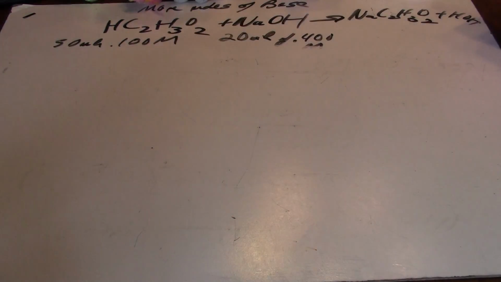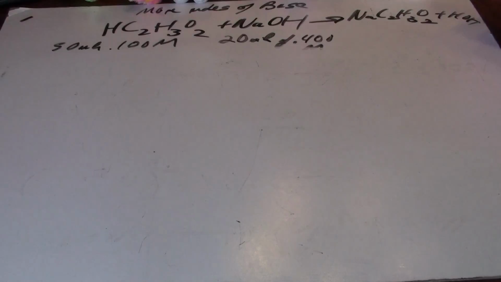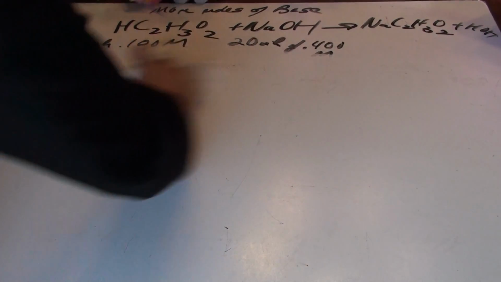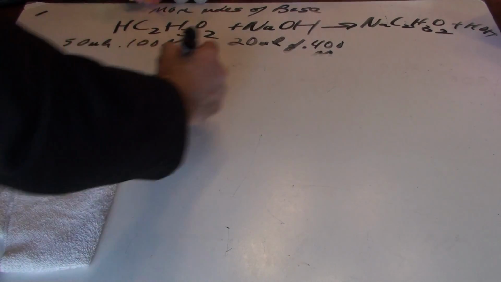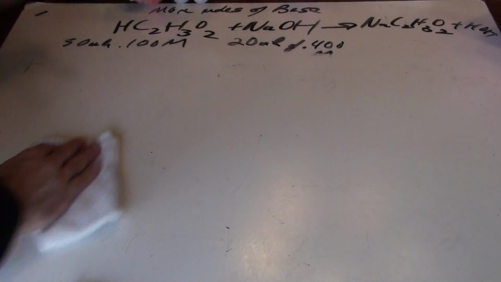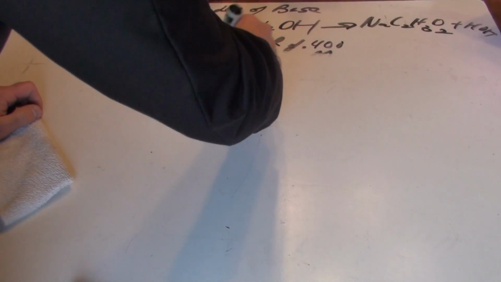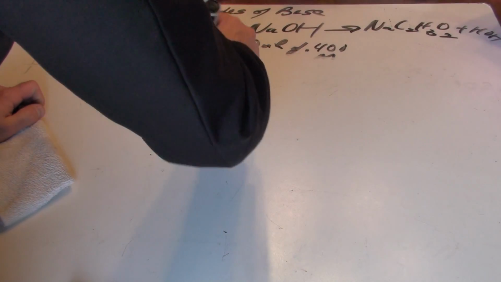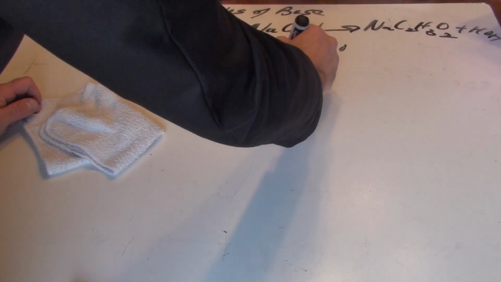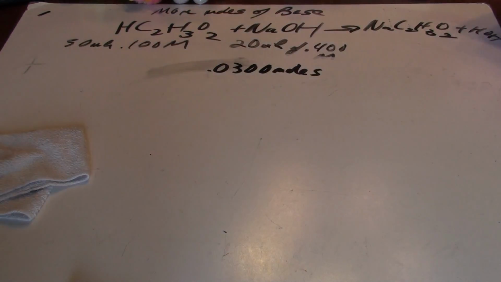After the reaction, we have 0.0300 moles of our sodium hydroxide.